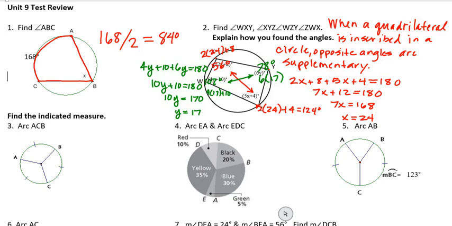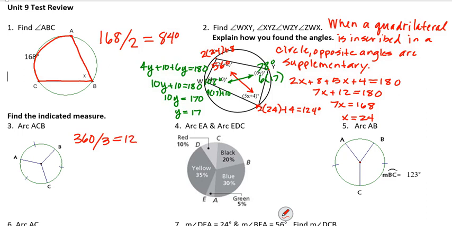All right, so now we're going to go down here to number 3, and it's asking us to find arc ACB. Arc ACB is this arc out here. What we're going to do is divide 360 because I see that AB and BC and AC are all congruent. So I'm going to divide 360 by 3.